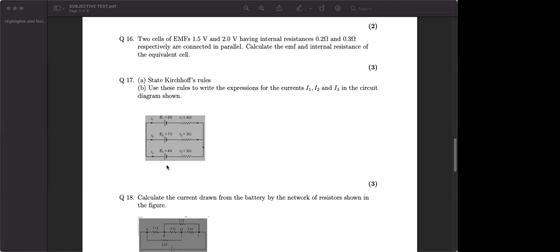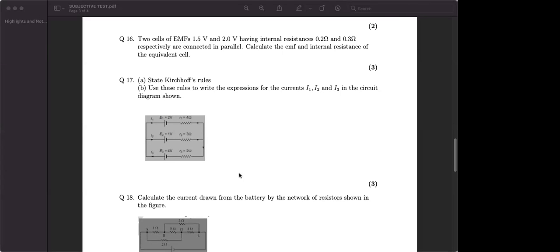Give me 1 second. Inza, just check your WhatsApp.